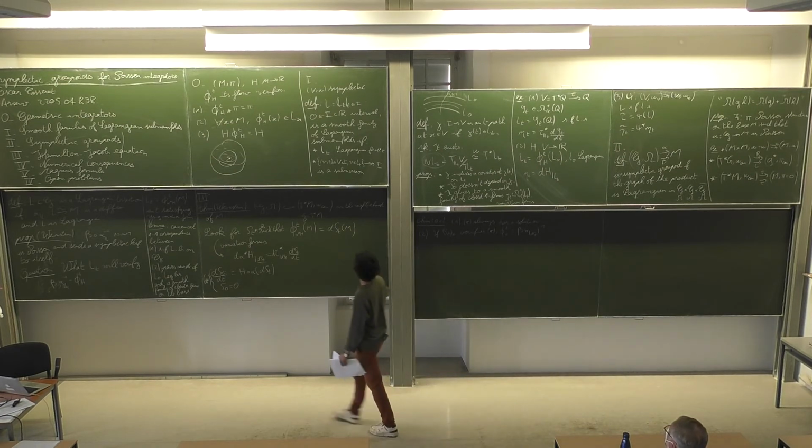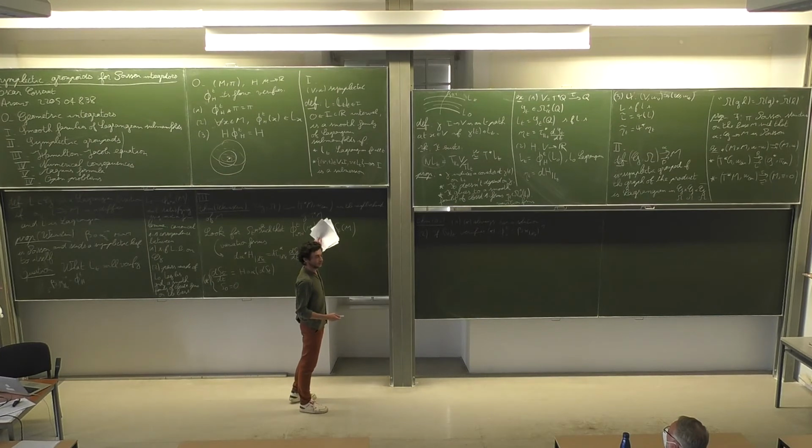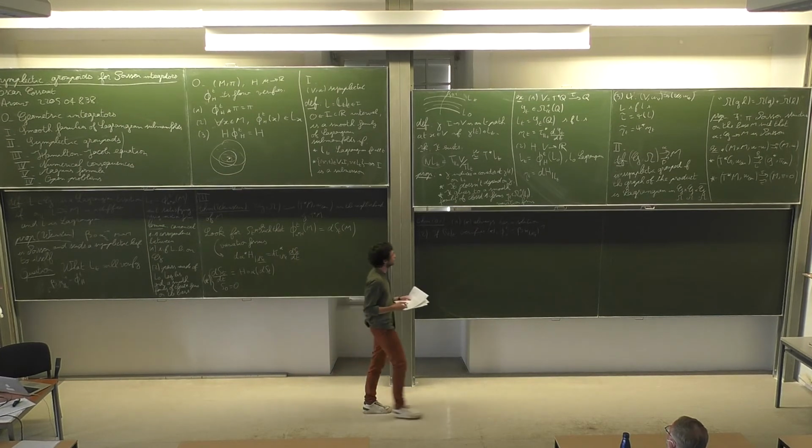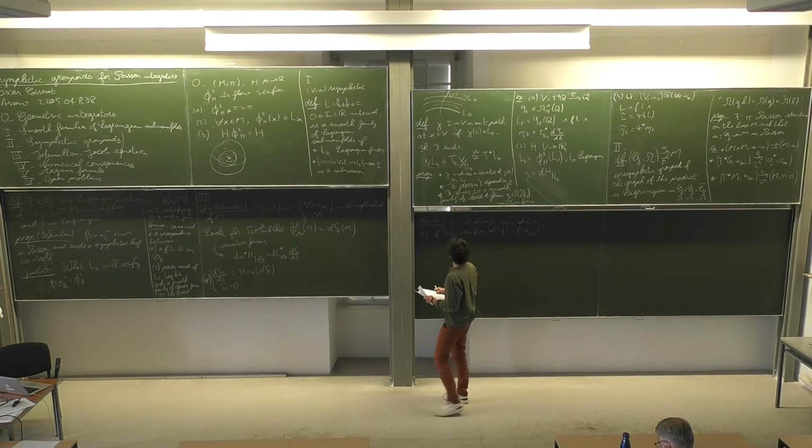Yes, by restricting the neighborhood and doing some other trick, one can get the canonical symplectic form.